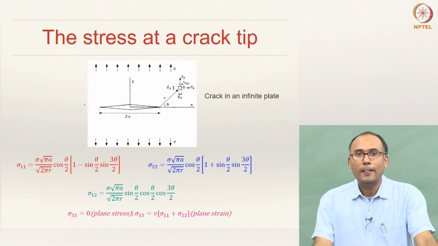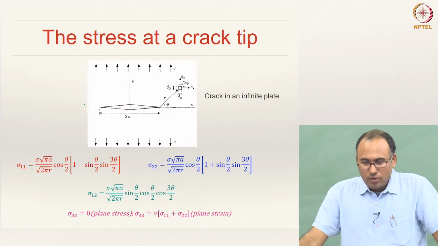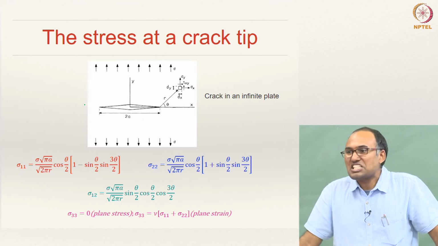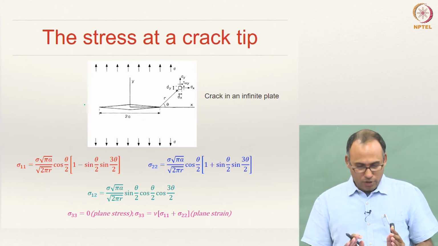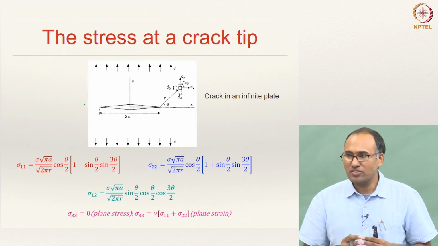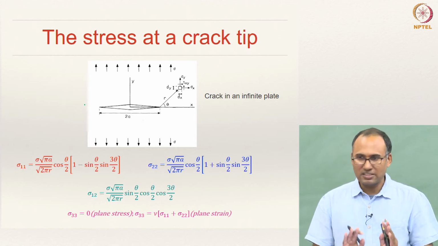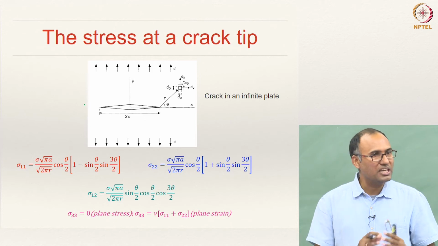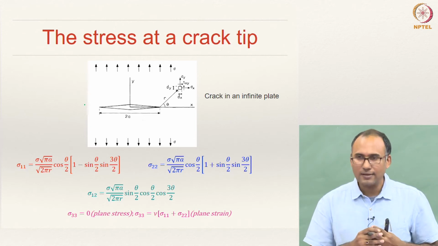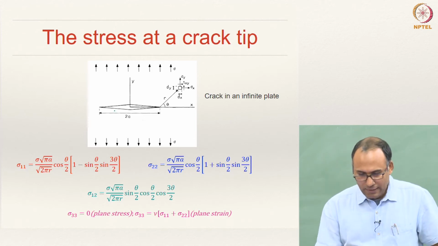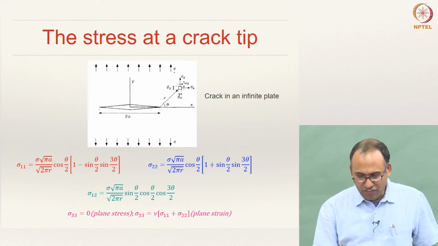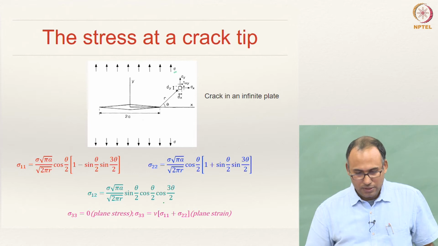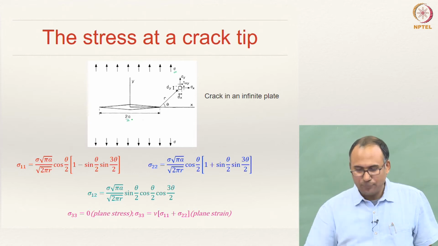Good. Now, how does the stress state ahead of a crack tip look like? You can actually do an elasticity course and derive this formula, but in this class we are not doing that. I am only giving you the formula, how they look like. So let us say this is your crack in an infinite body subjected to far field stress sigma, and the crack length is 2a.